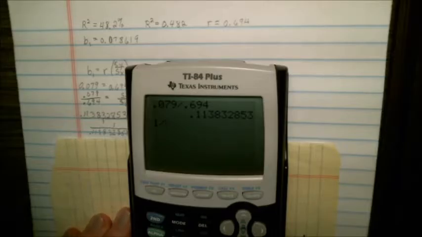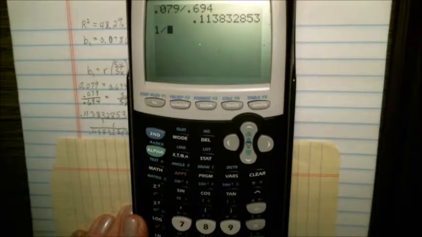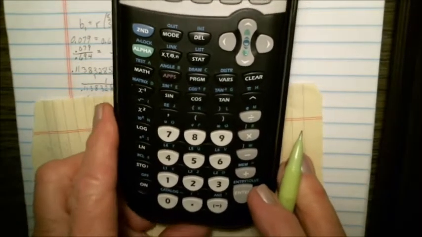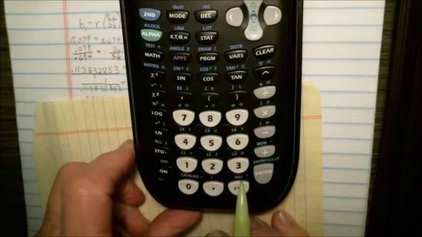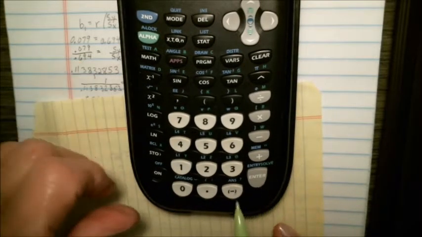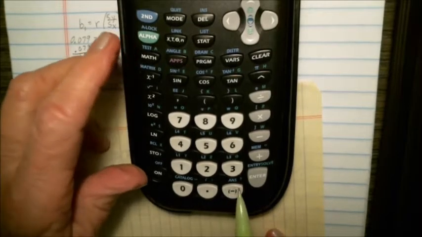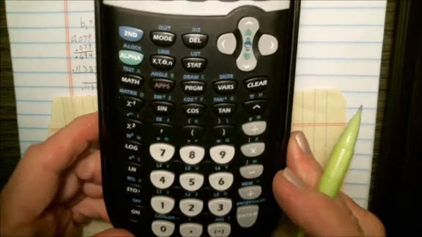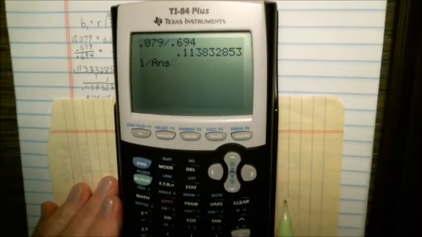In our calculator, there is a place right above the negative sign at the bottom, labeled ANS, in whatever color your shift key uses. If I click second and this negative sign, I get second answer. So on my screen, we have 1 divided by answer.